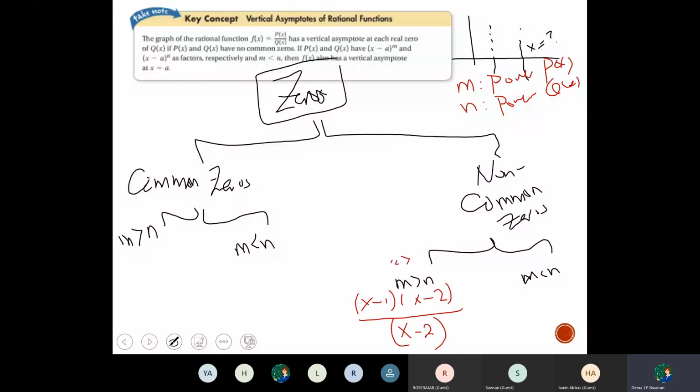And the power of the denominator is 1. So is there a common zeros? Yes. So I will say here that for this one, there's no vertical asymptotes, but there's a point of discontinuity, not a vertical asymptote, not a line. It's only a point at x equal 2.